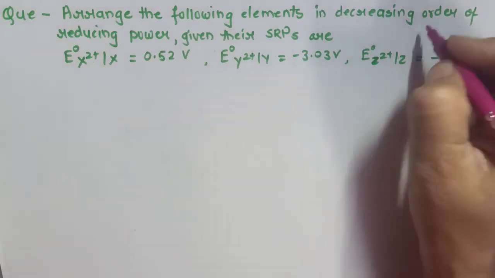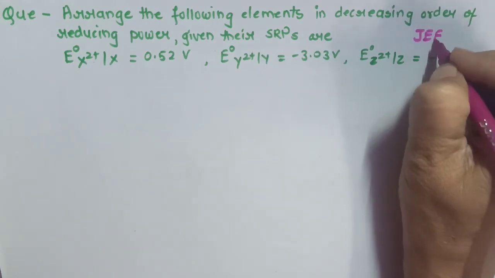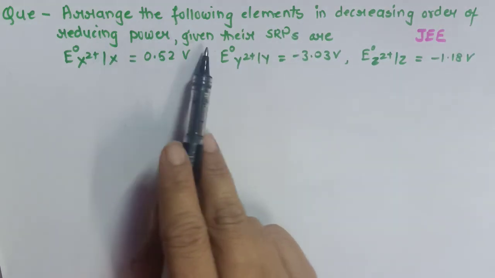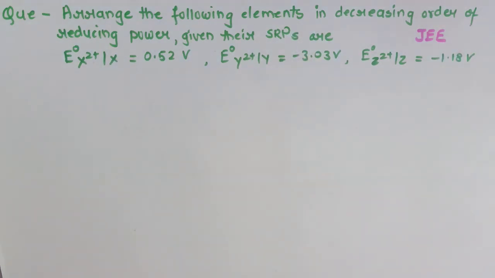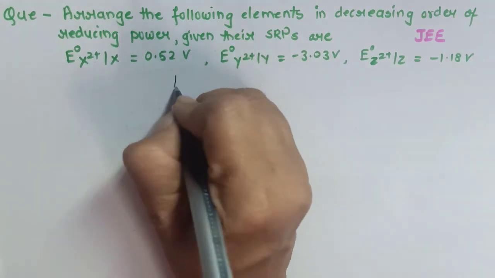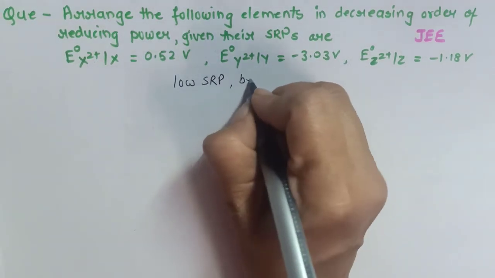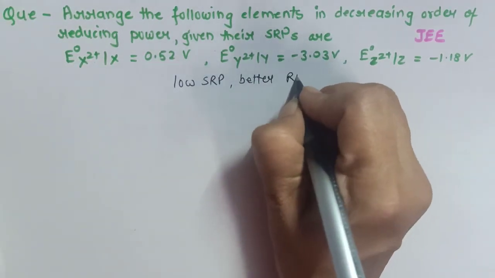This question was asked in JEE. The SRP values of different elements are given and you are supposed to arrange them in decreasing reducing power. That means you are supposed to identify the strongest reducing agent. We know, lower the value of SRP, better it will be as a reducing agent.